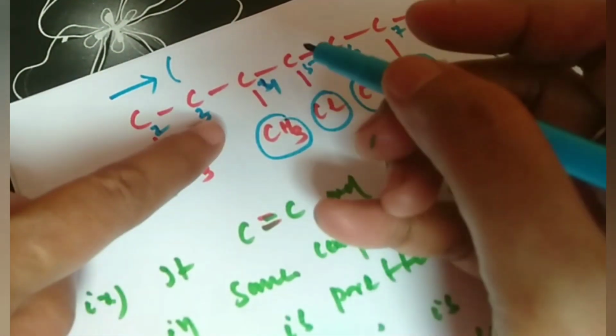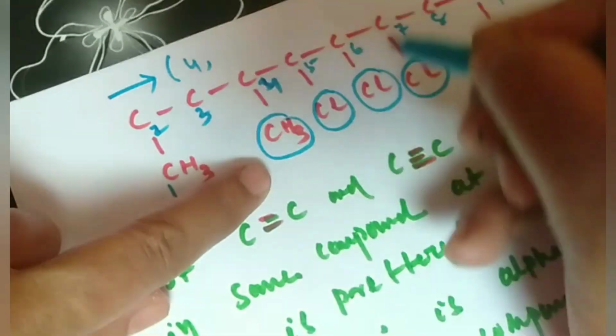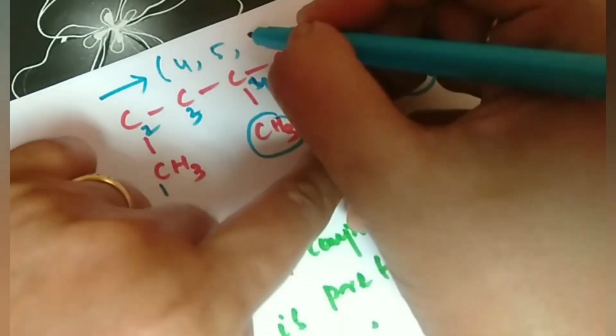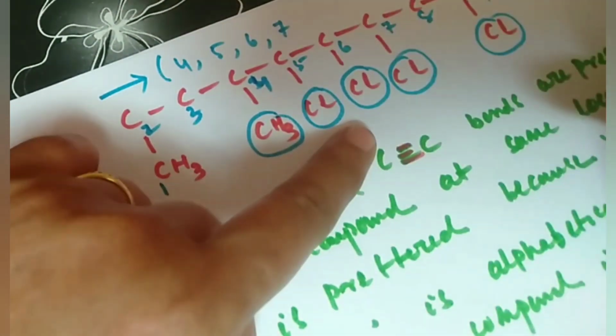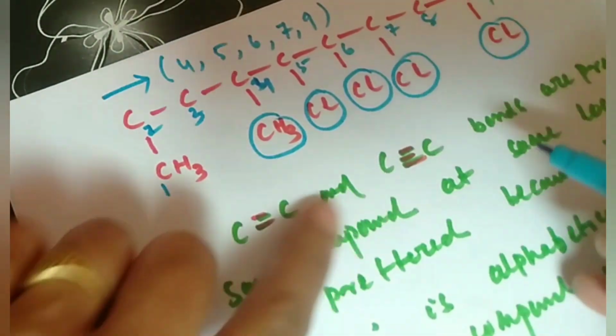So from left to right, what is the set of locants? The set of locants is 4, 5, 6, 7, 9.